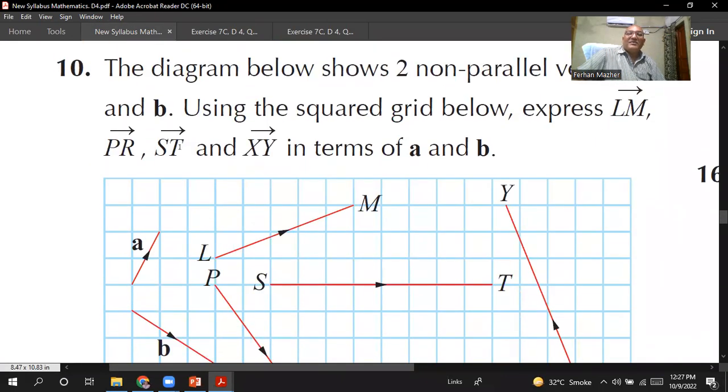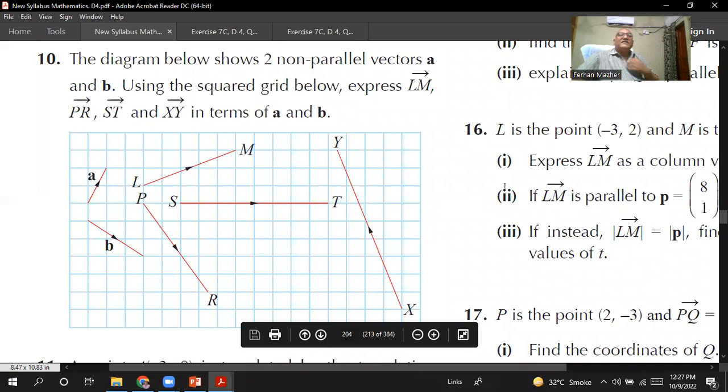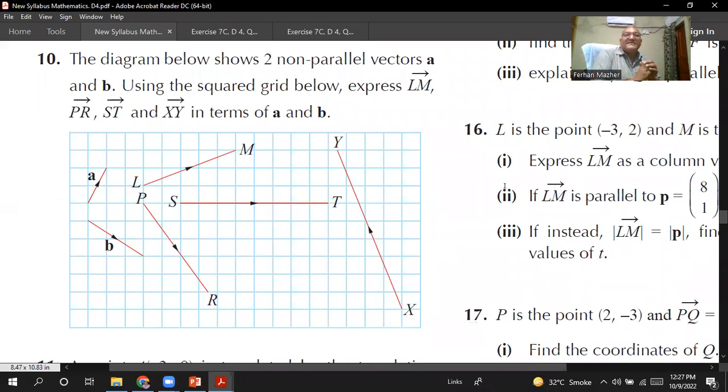Okay, the next question coming up on your screen. Here we have the diagram. Let me reduce the size. So the diagram below shows two non-parallel vectors, vector A and vector B. Using the squared grid below, express LM, PR, ST, and XY in terms of A and B. This question requires a lot of presence of mind.